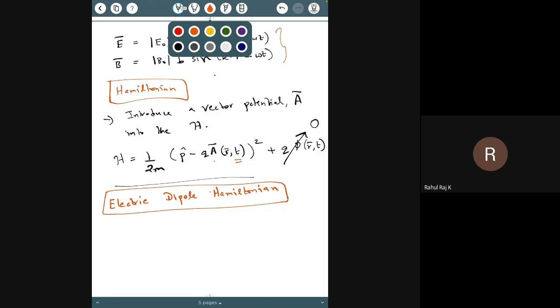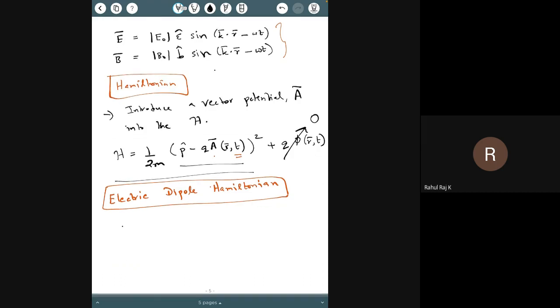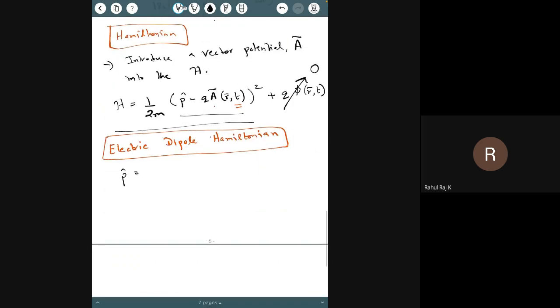What is done is you basically expand this term in the Hamiltonian, knowing that P is equal to minus i h-bar del, then I can write H as some H0.